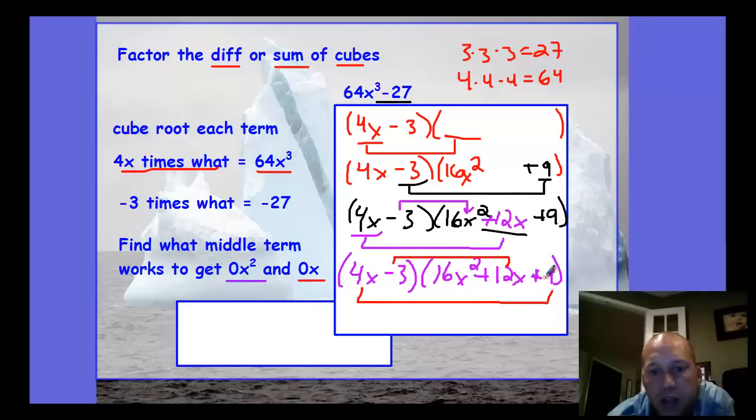But 4x times 9 is 36x. Negative 3 times 12 is negative 36x. So those also drop out, because in this perfect cube, there's no x squares, there's no x's. So the coefficients have to be 0. That's why I'm always using that logic to find the piece of the puzzle to make sure it works out. And so that's factoring cubes.